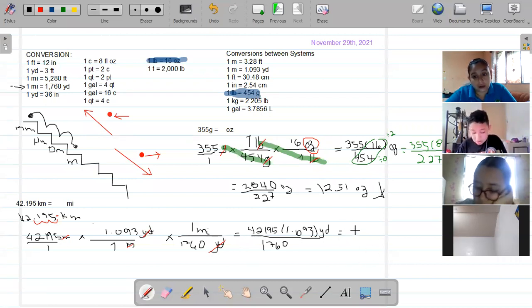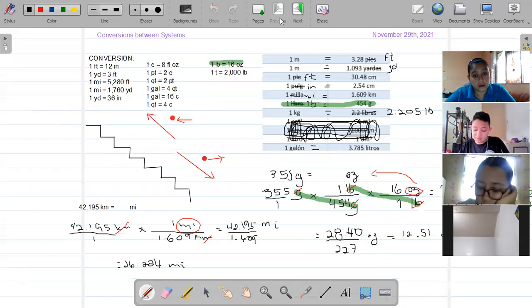I'm not going to do the procedure, but you need to do it. I get 26.204 miles. Okay, and that is a conversion that I have. Now I'm going to show you the conversion that I did with 7A.